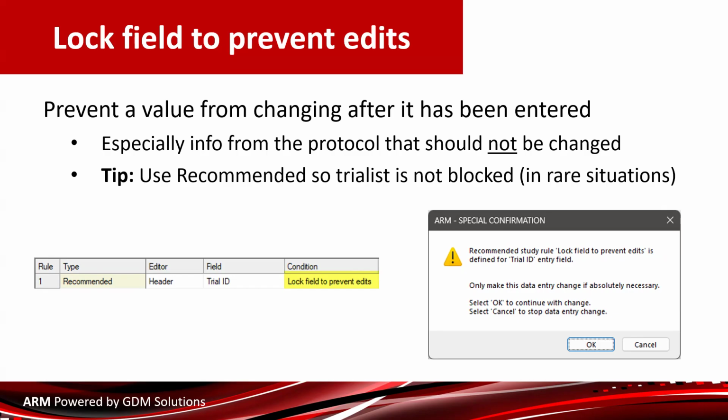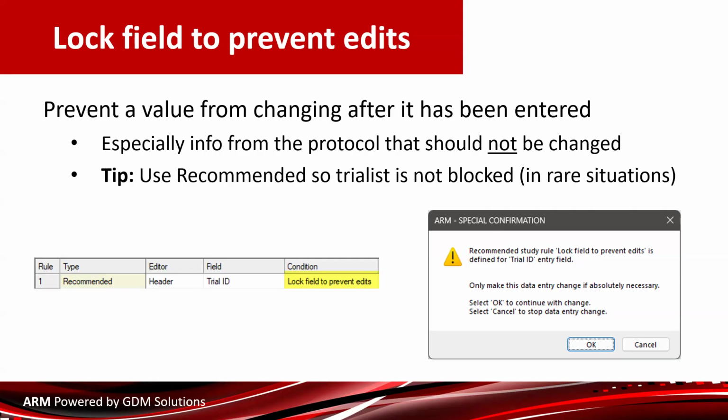There's no expectation that the contractor would need to change it. That's a perfect example for this study rule, where you can lock that information then so it cannot be changed. So I feel like trial ID is like the number one use for this probably. And that's the example I have on the screen. Once that thing is set, I do not want anyone changing it.